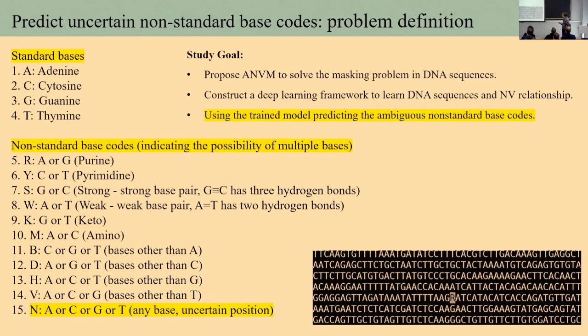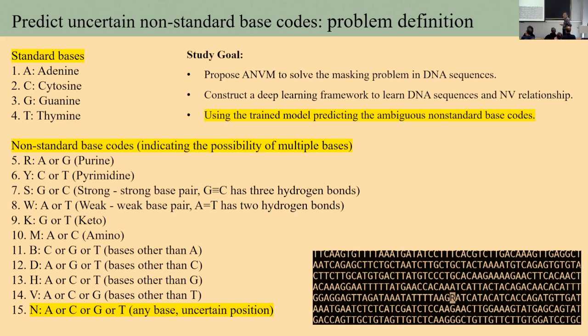For a DNA sequence, we know the standard bases are ACGT. From the lab, if they determine that in this position it's A, then that's fixed and certain. But there are some non-standard base codes.